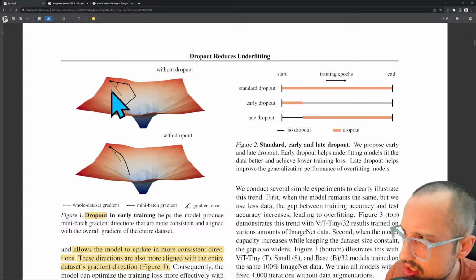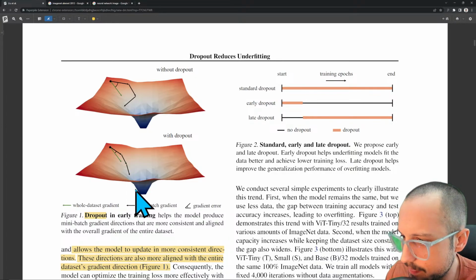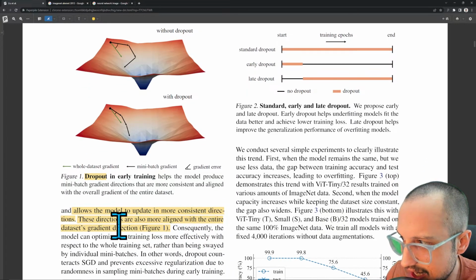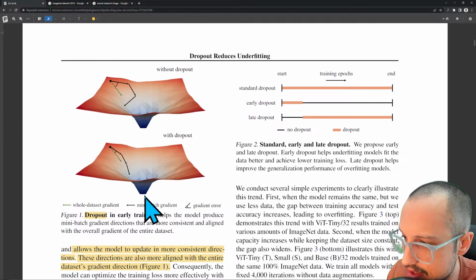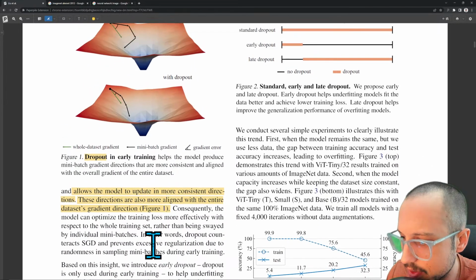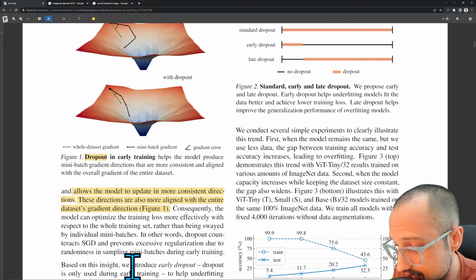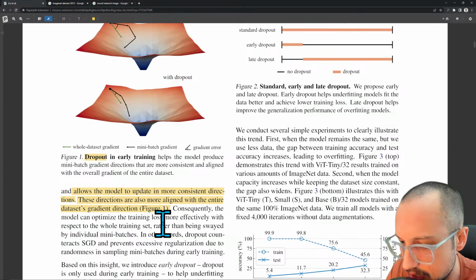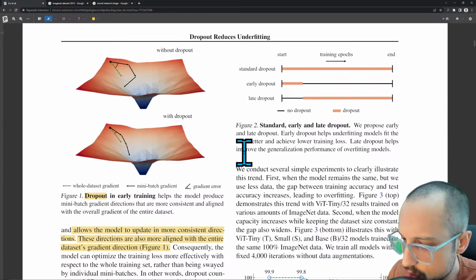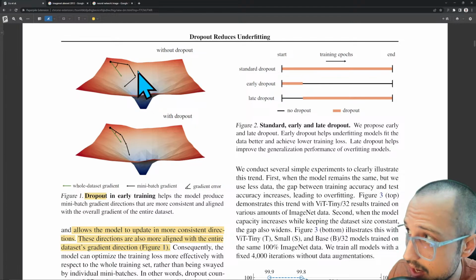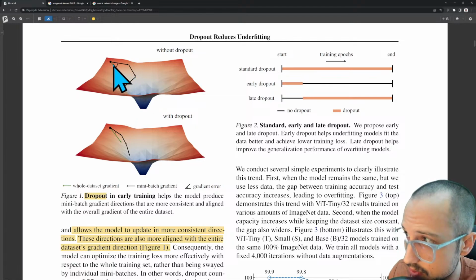So there is this kind of notion of, if only we knew the direction of the entire data set, right? So this is what they're saying, that the entire data set has some gradient direction, right? That's what this green line is: if you could actually sit down and calculate the gradient for the entire data set, then you could take that direction and move in that direction and get to the endpoint faster, right? But you have to do it batch by batch, which means that you have to take these noisy steps, right?